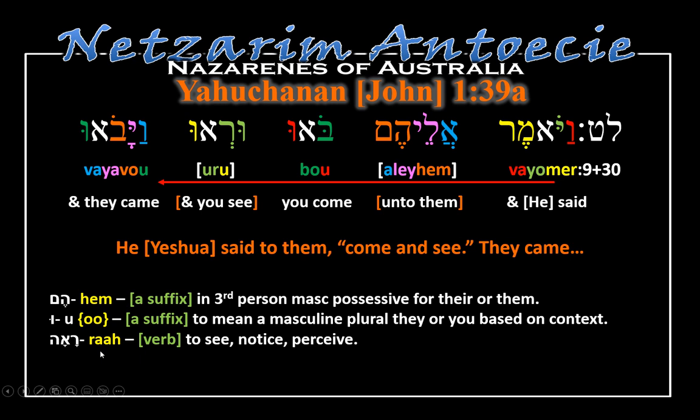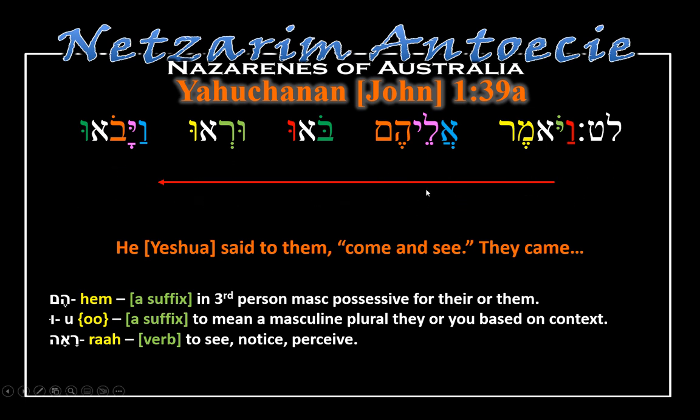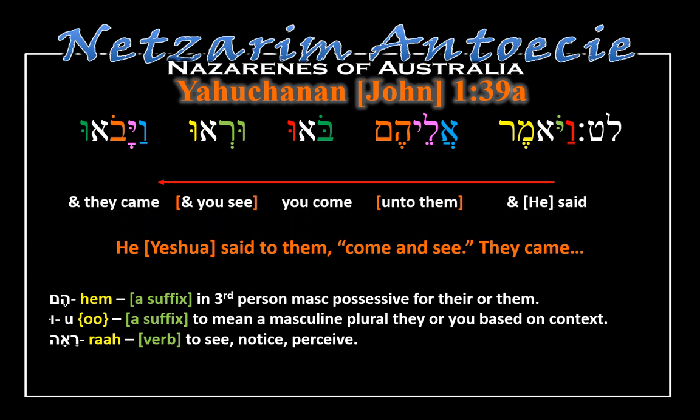And then I've also given you ra'ah, which is a verb to see, to notice, to perceive. So now let us read that. And we begin here. Vayomer alehem bo'u ur'u vayavo'u. And he said unto them, you come and you see, and they came.